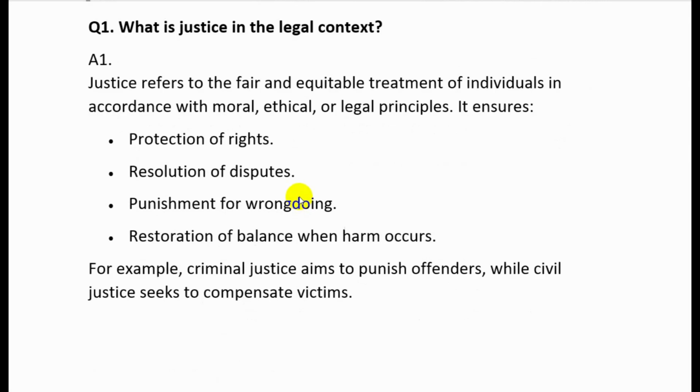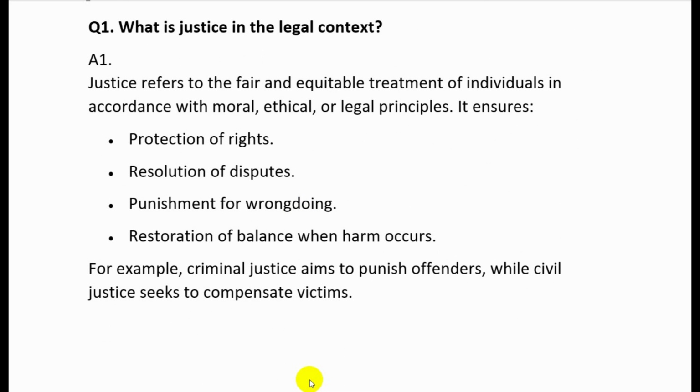What is justice in the legal context? Justice refers to the fair and equitable treatment of individuals in accordance with moral, ethical, or legal principles. This is an important question.